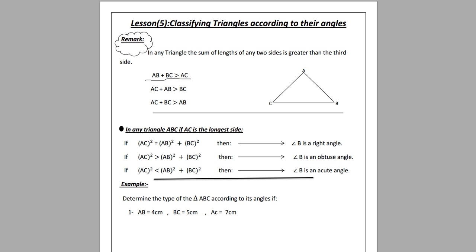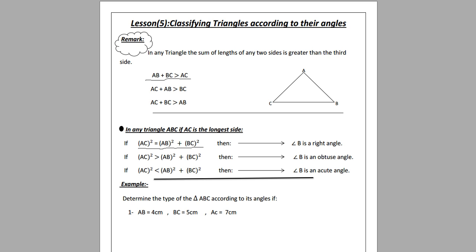In any triangle ABC, if AC is the longest side, AC is the greatest side. So if AC bar 2 equals AB bar 2 plus BC bar 2. If we have another triangle, it may be XYZ, LMN, whatever, first catch the biggest side and then make power 2 of it.